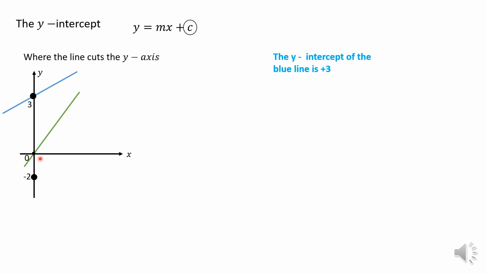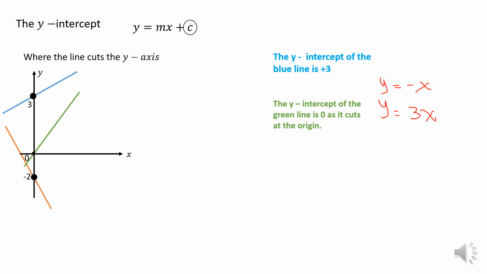If we take the green one, it goes through the origin, so the y-intercept is 0. This is typically for equations like y equals 3x, where there's nothing added, or y equals minus x. Because you can see that there's no constant value, the y-intercept is 0.